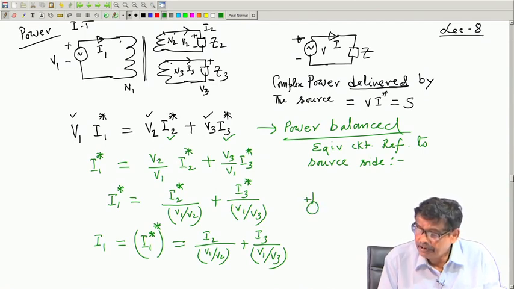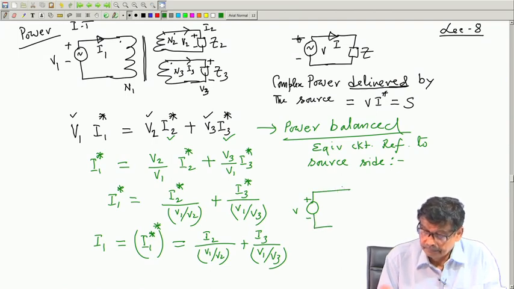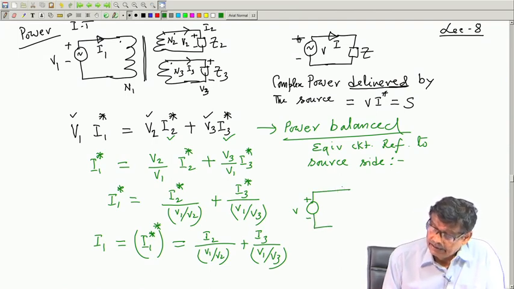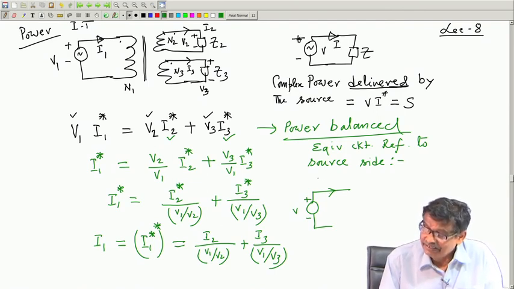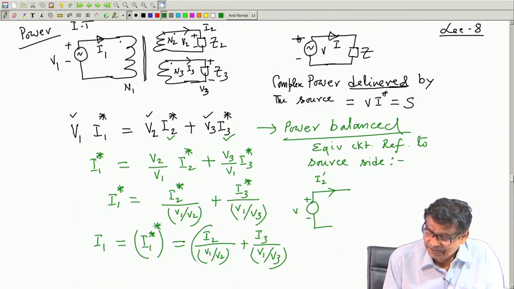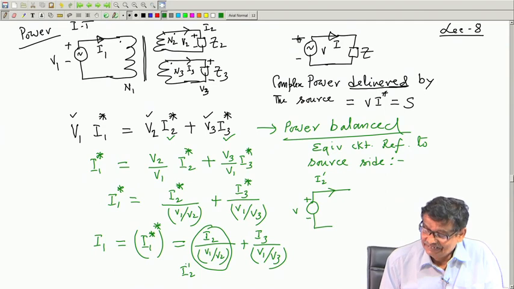So, V1 will remain V1, that is there. Then this current I1 is I2 star, I2 reflected, is it not? This is I2 reflected, and this thing is I3 reflected.